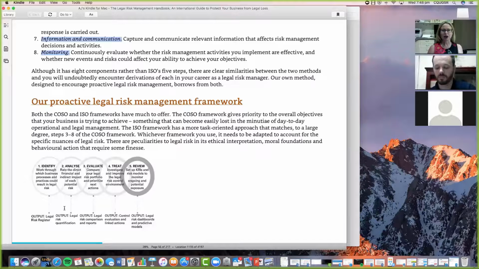So here is the usual risk impact matrix that tends to be used by most risk assessors when they're going about doing their job.